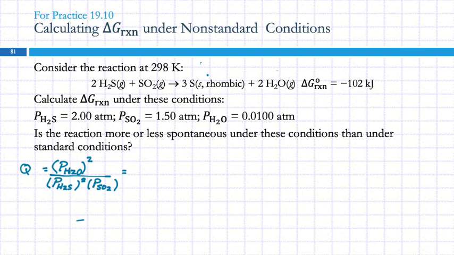So the H2O squared divided by the H2S squared times the SO2.